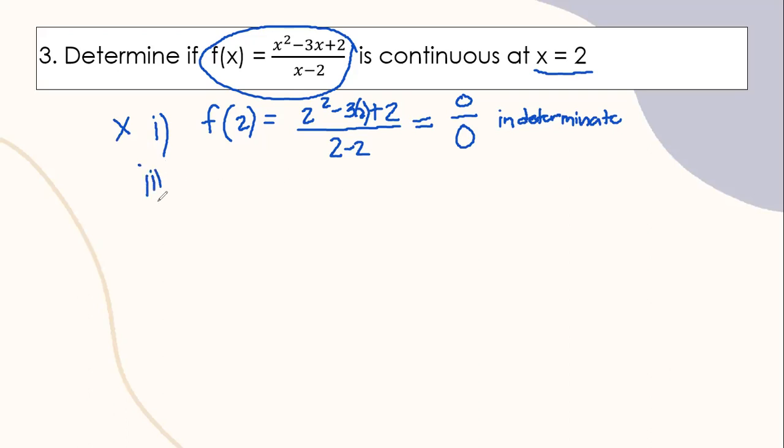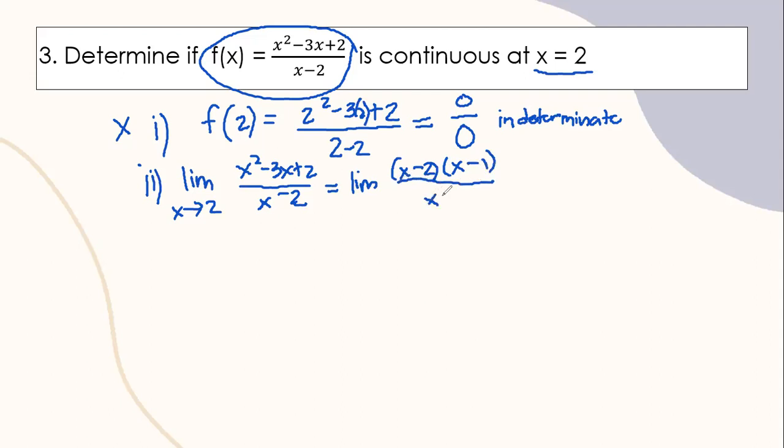So let's have the second one. We'll be evaluating the limit of x squared minus 3x plus 2 over x minus 2 as x approaches 2. Okay, so nakita na natin na indeterminate yung ating form. So we can factor out the numerator to simplify our function. So x squared minus 3x plus 2 is equal to x minus 2 times x minus 1.